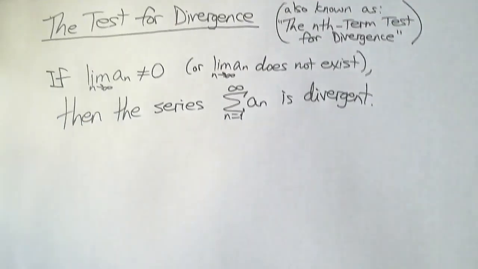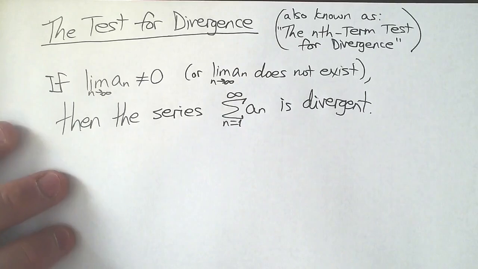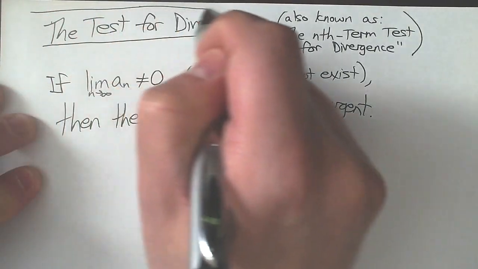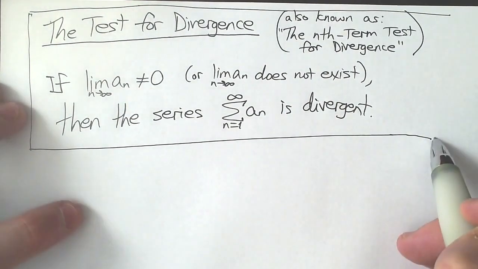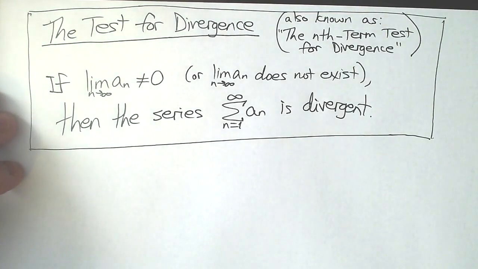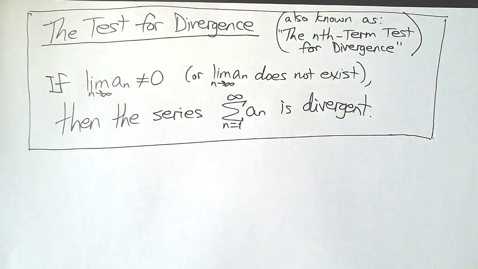All right, so let me put a big box around this. This is pretty important. We're going to use this potentially all throughout the chapter. Where we're at in this chapter is we want to look at different kinds of series and figure out if they converge or diverge. Later in the chapter, we're going to see what series get used for, because it seems very abstract. We'll see that later. For now, we're interested in whether they converge or not.